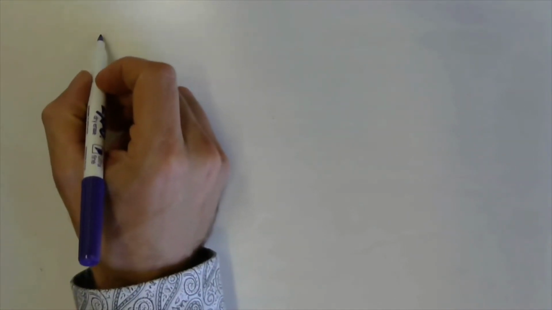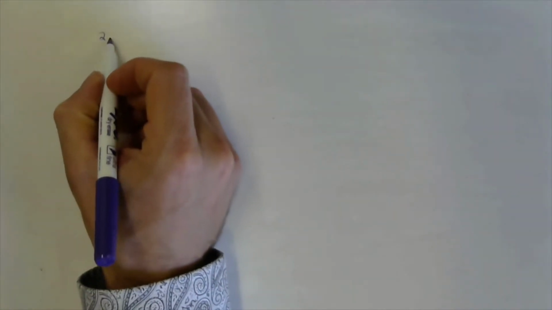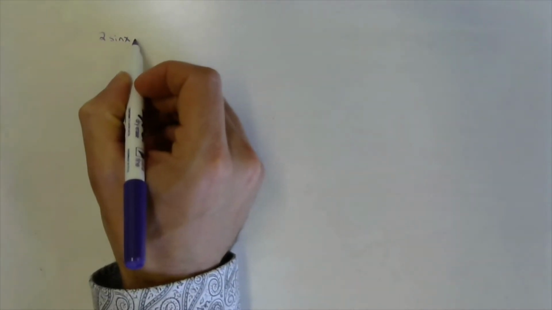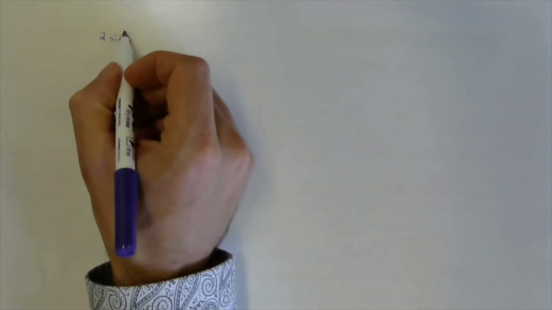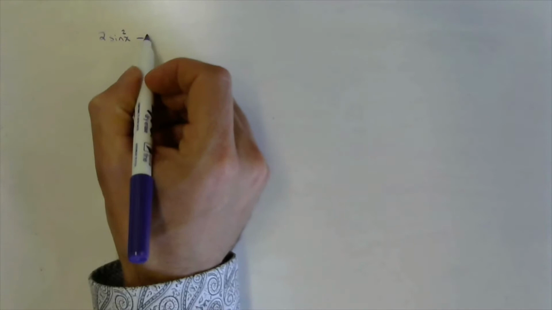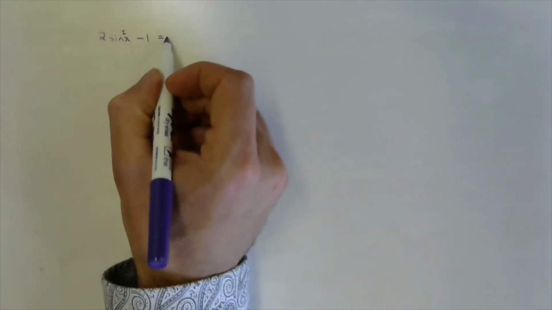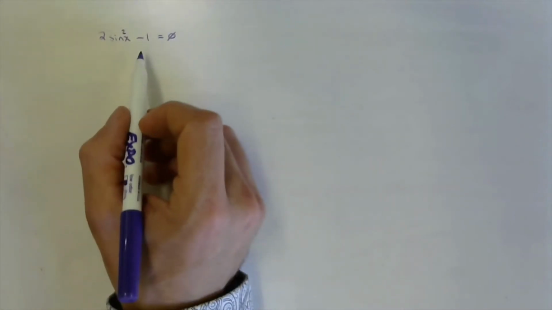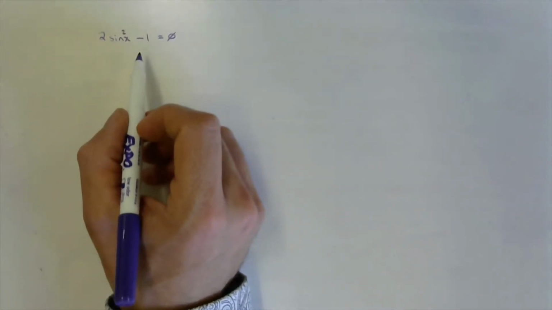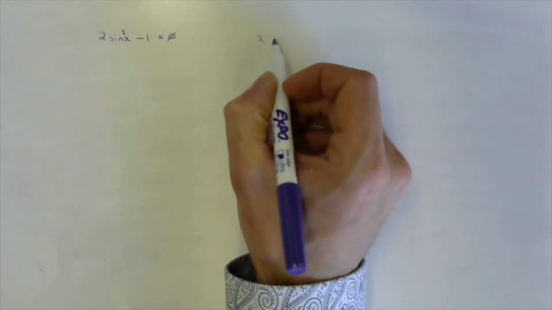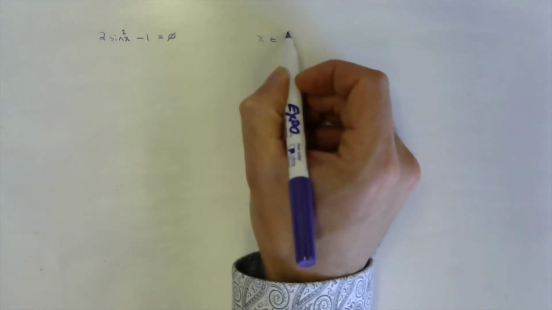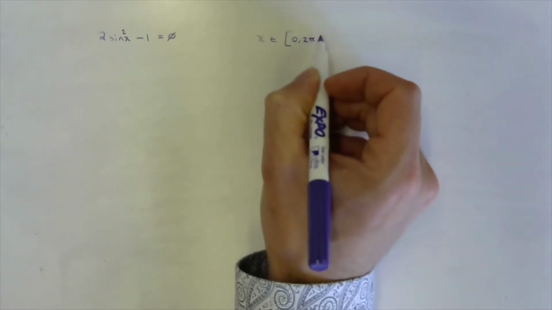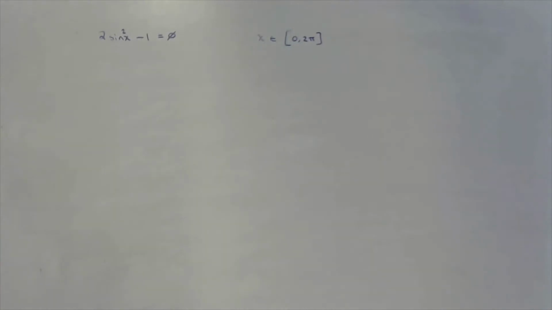So we need the exact solutions for the trig function 2 times the sine squared of x, minus 1 equals 0. And we're looking for solutions that fall between 0 and 2 pi. That's the entire circle. That's one full revolution.